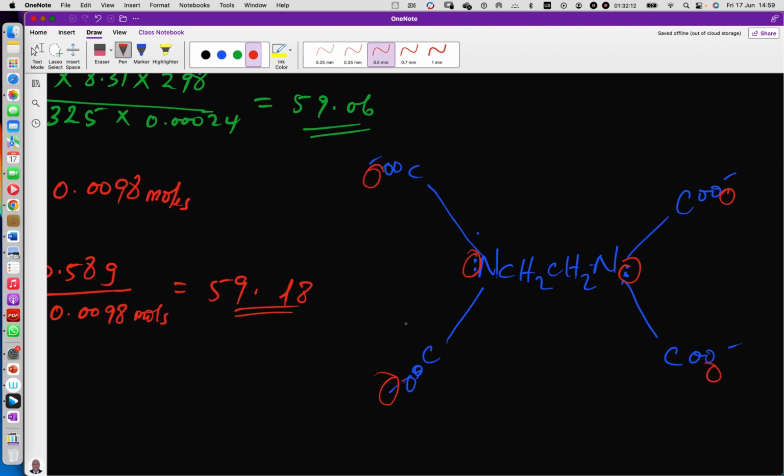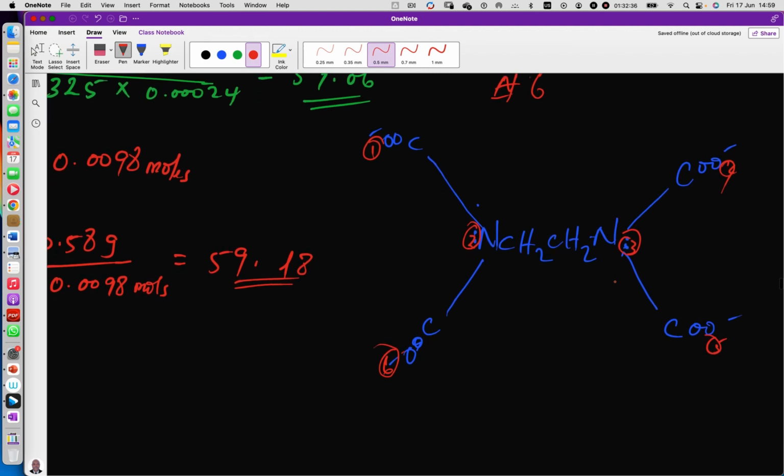So it has a coordination number of 1, 2, 3, 4, 5, and 6 for ethylene diamine tetraacetic acid. It has a coordination number of 6.